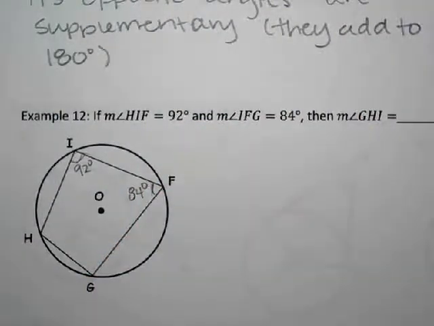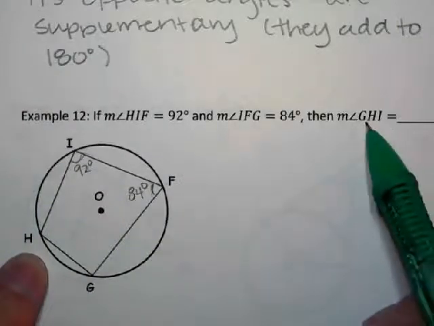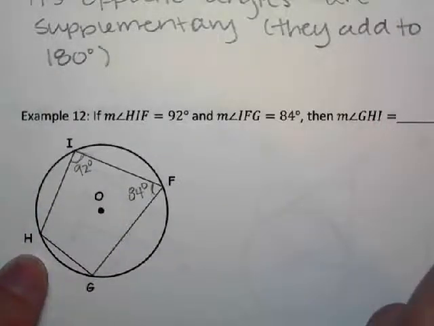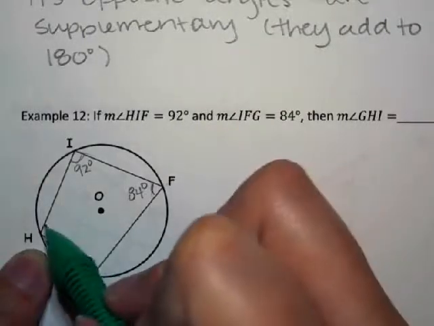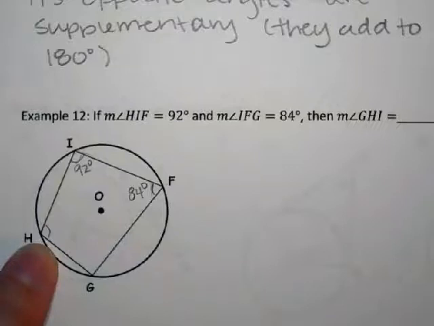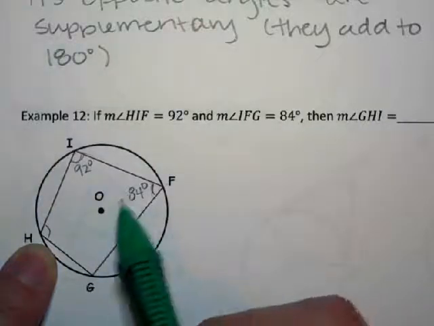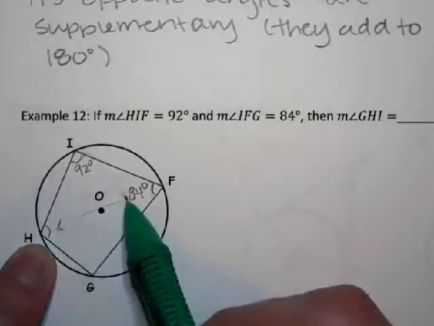So they want the measure of GHI, so they want this measure right here. How could we find that measure right there? We can do opposite angles, so these two angles. So what would the measure of GHI be?